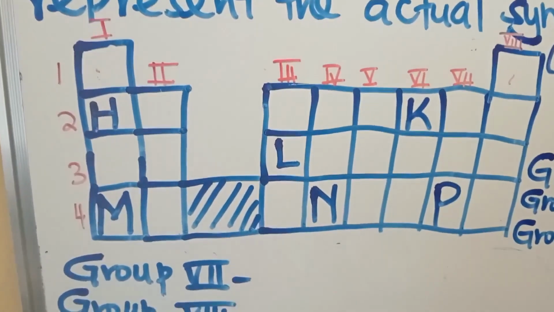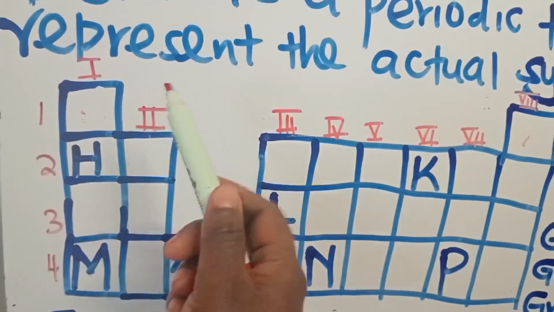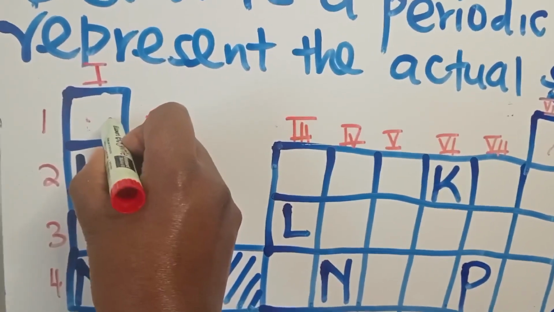So once we have done that, we are then supposed to come in the spaces provided here, and then we write numbers.